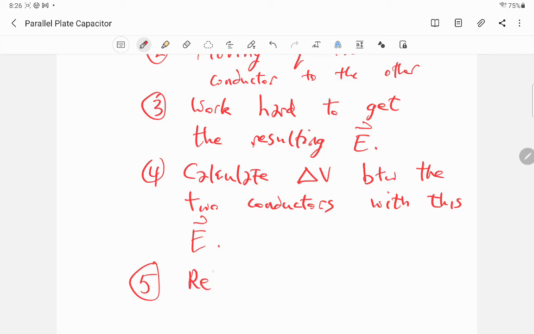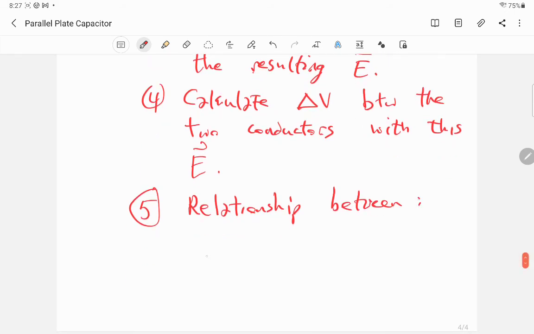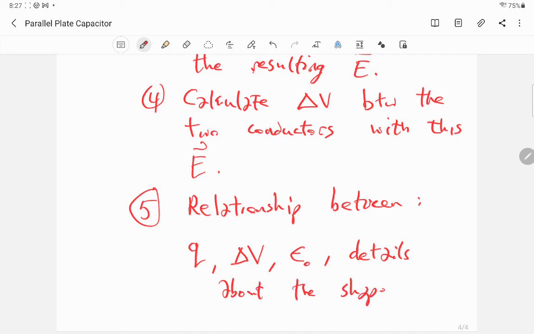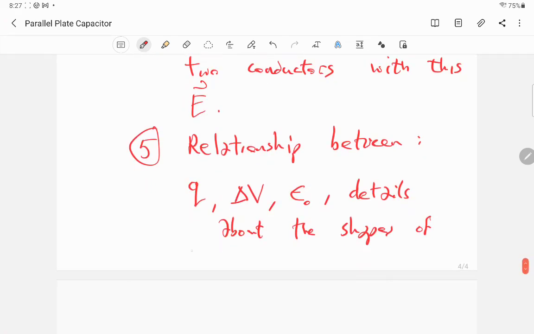So at this point, what you have is a relationship between Q, delta V, epsilon naught, and details about the shapes of the conductors and the separation, right?